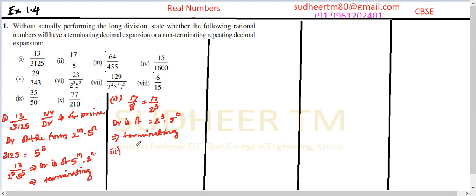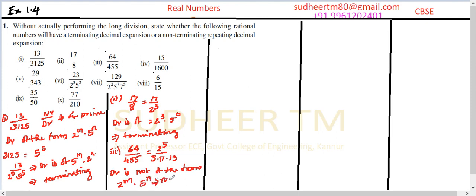Third question is 64 divided by 455. 64 is equal to 2 raised to 6, and 455 is 5 into 7 into 13. So here the denominator is not of the form 2 raised to m into 5 raised to n.